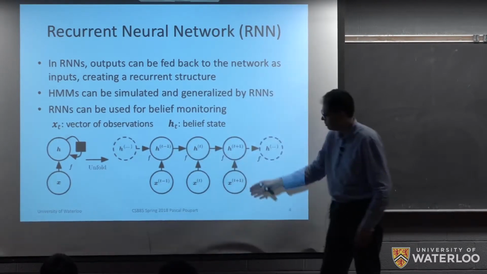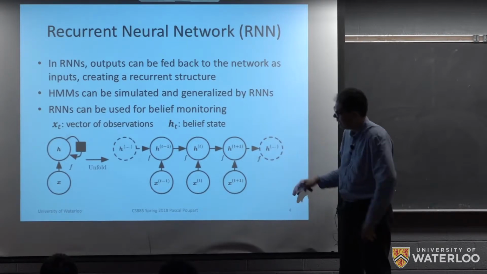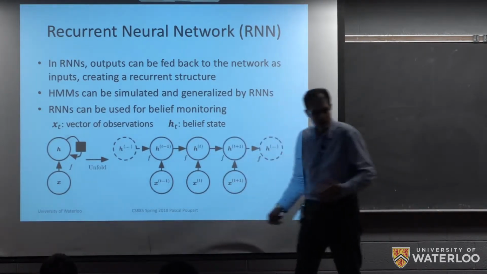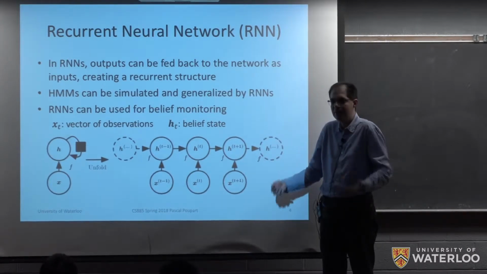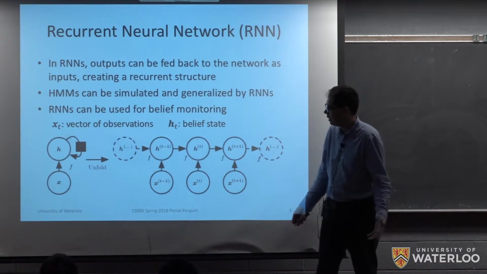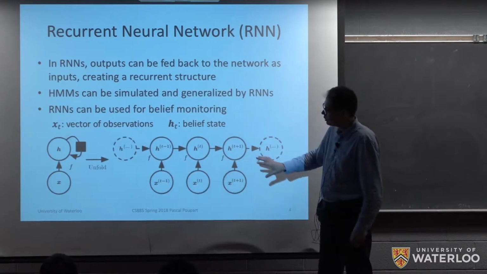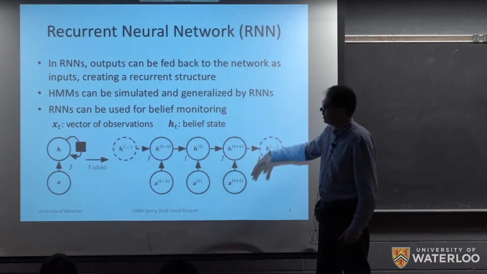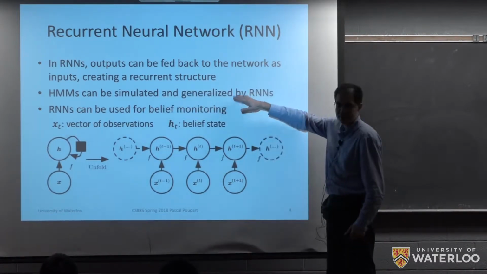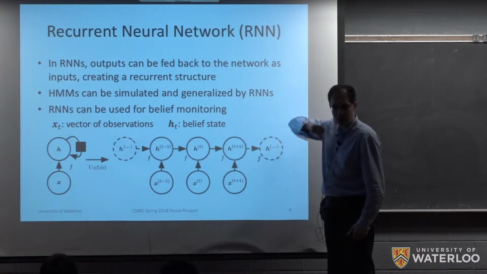Then we just feed those in one at a time, and it's natural to see that this type of neural network could be used as a form of hidden Markov model. In fact, we can argue that recurrent neural networks can be used to simulate and even generalize hidden Markov models.